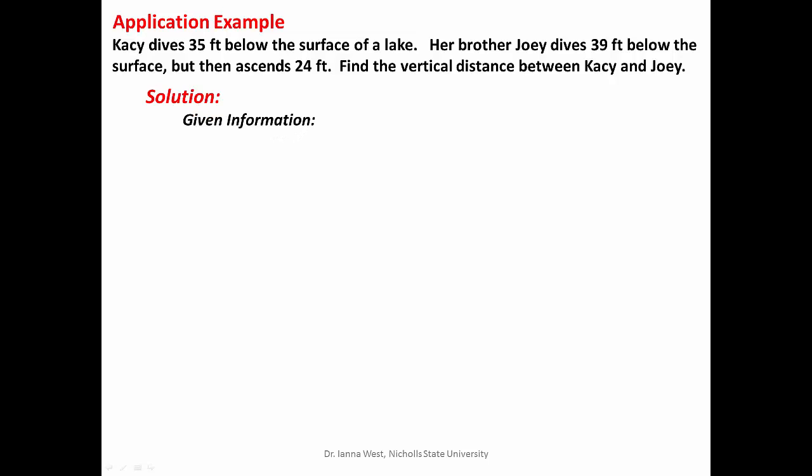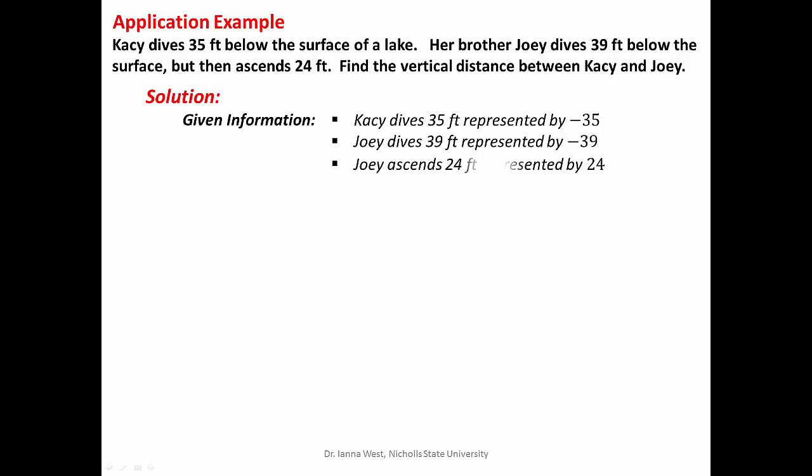We are given that Casey dives 35 feet, which can be represented by -35. We are also given that Joey dives 39 feet, which may be represented by -39. But we are also given that Joey ascends 24 feet, which is represented by positive 24.